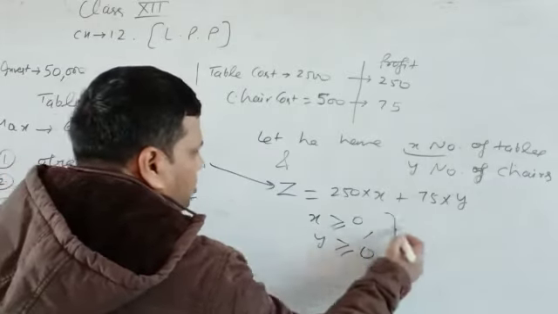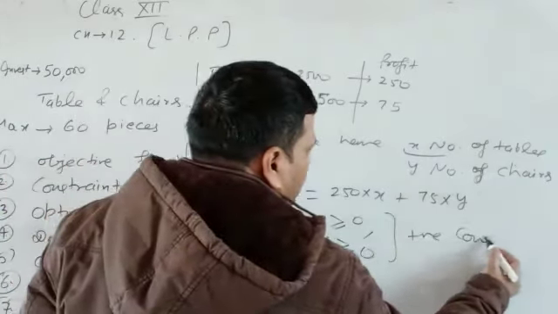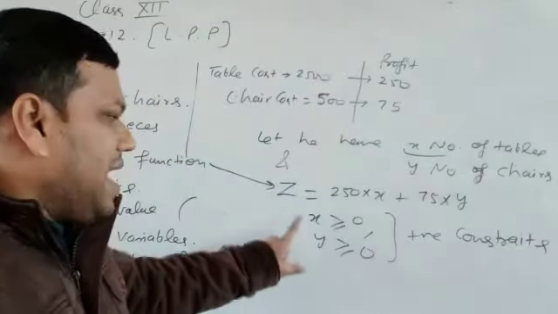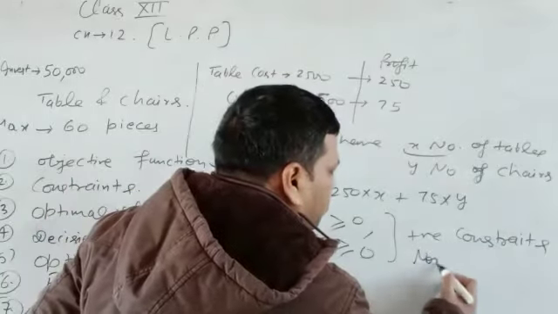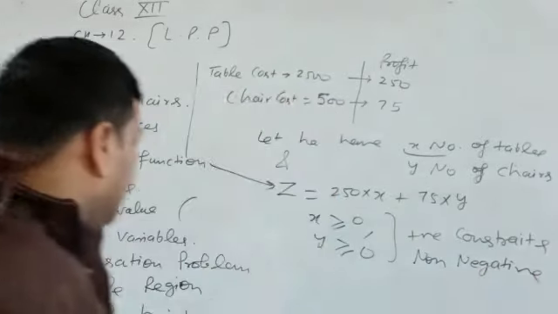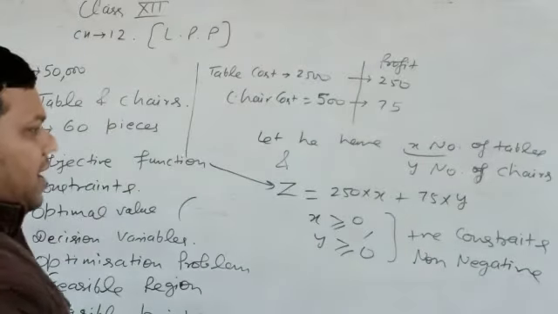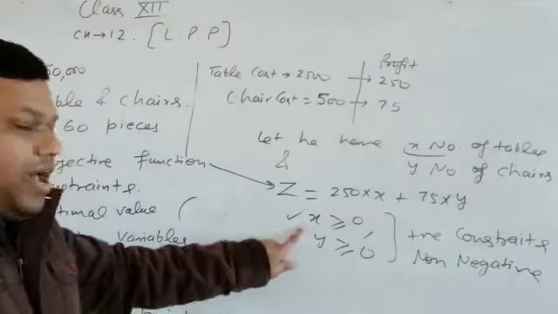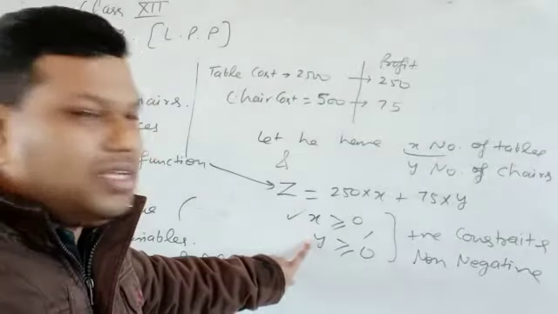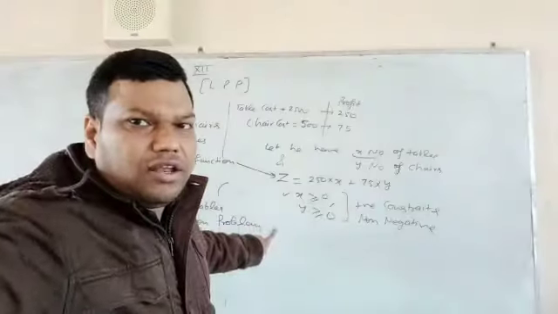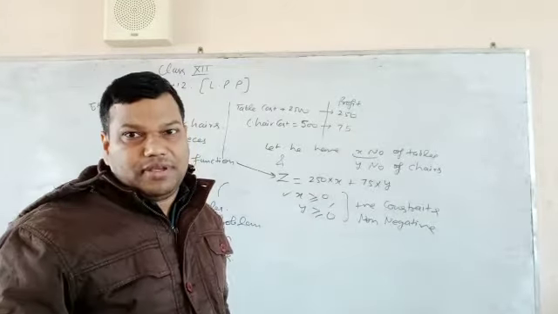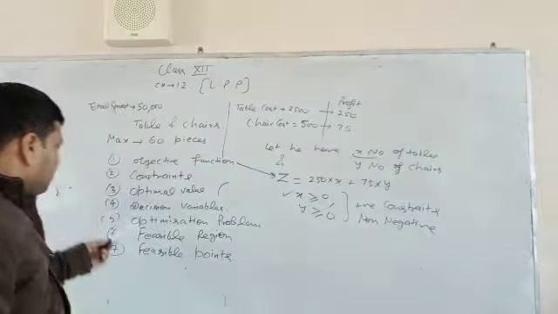These are the non-negative constraints, or you can say they can never be negative, right? Why is this greater than or equal to 0? Because the number of chairs and tables cannot be negative, right?